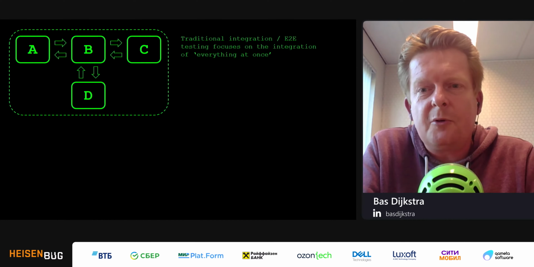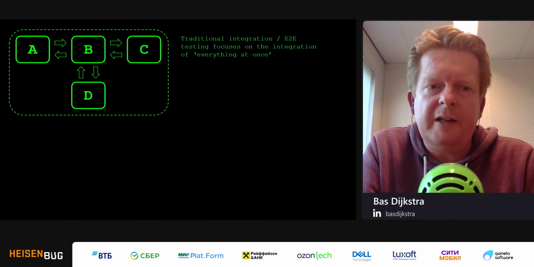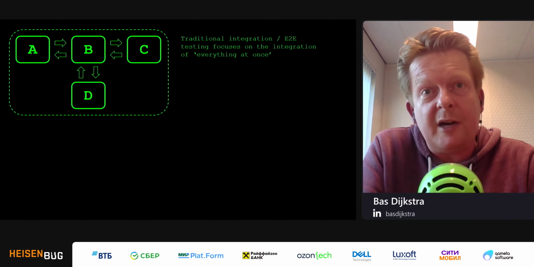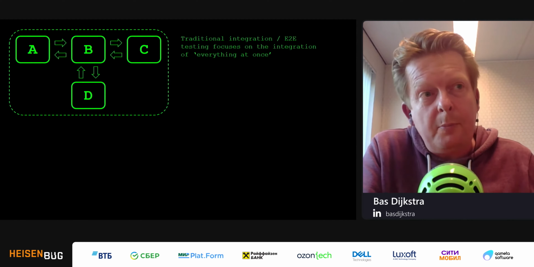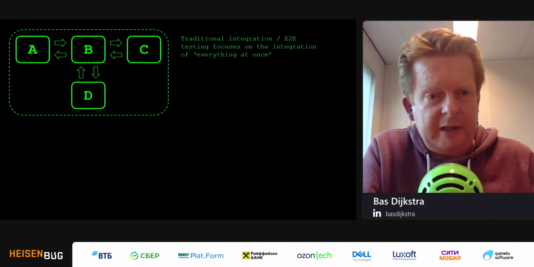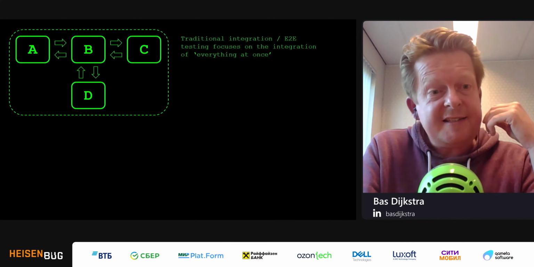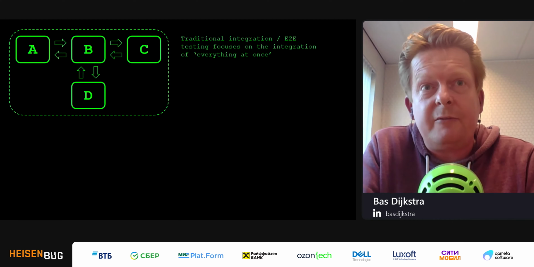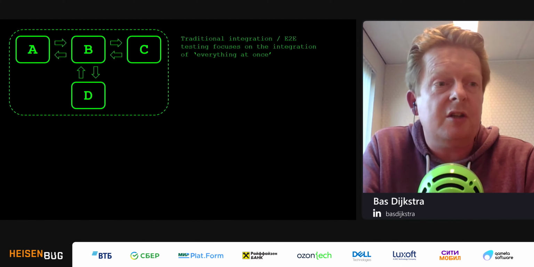So in order to perform an integration or an end-to-end test, you need all of these components to be available and in the right state at a single point in time, being the time when you want to run that end-to-end test. And that's difficult because that requires a lot of coordination.